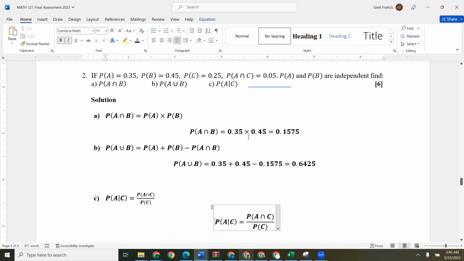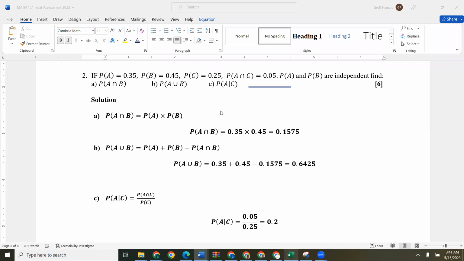P of A intersect C we have as 0.05. And P of C is 0.25. So the answer is 0.2.